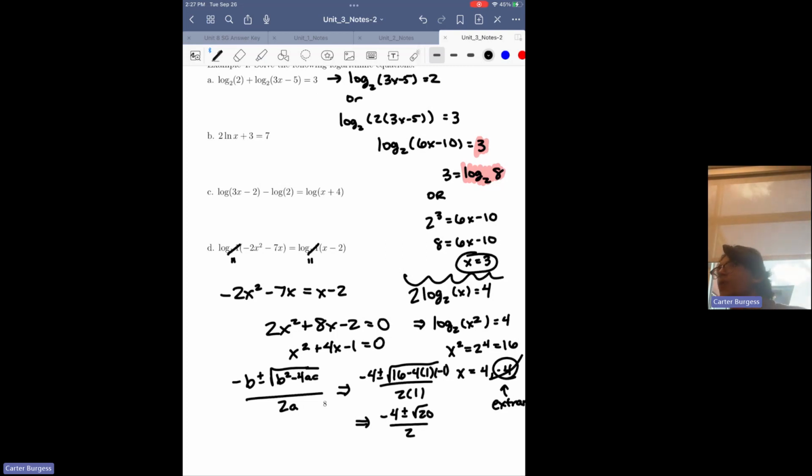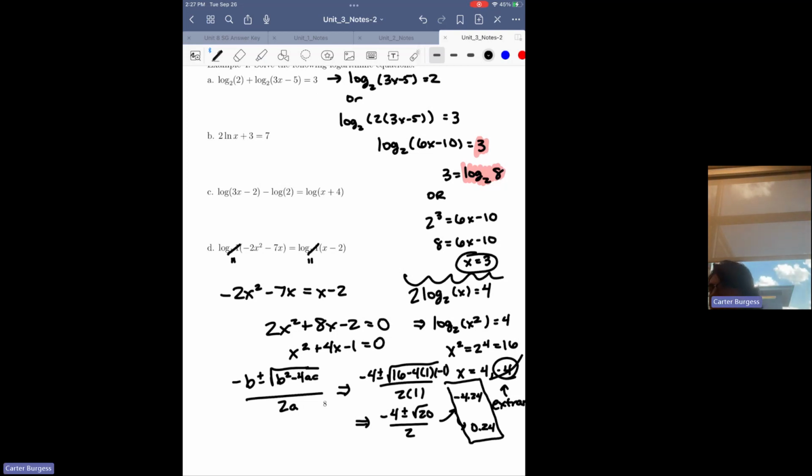You could simplify that a little bit more, but plugging that into my calculator, I get that this is going to be like negative 4.24 and positive 0.24. These are my solutions here.